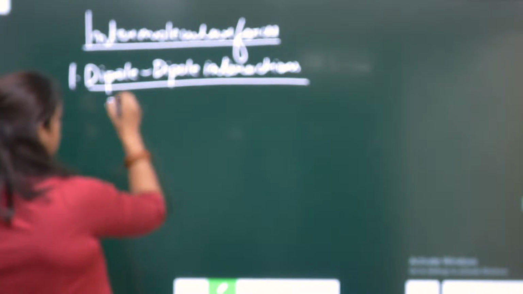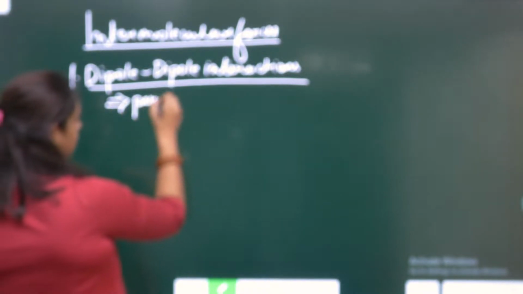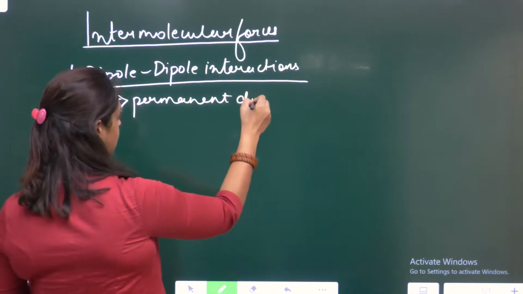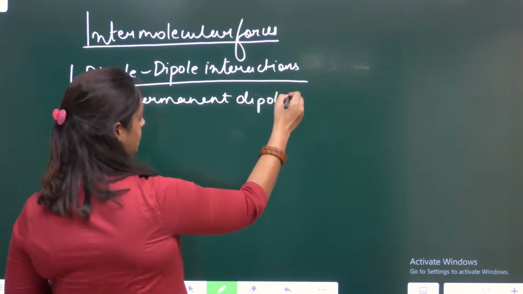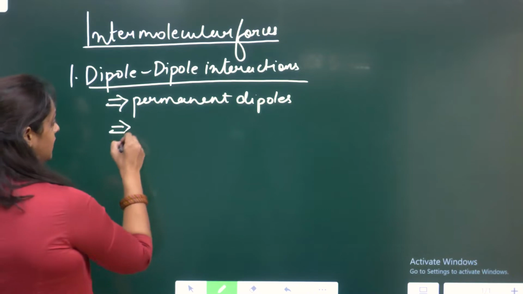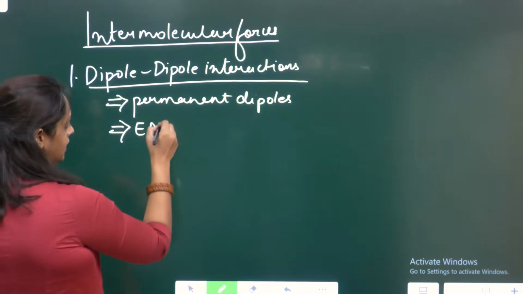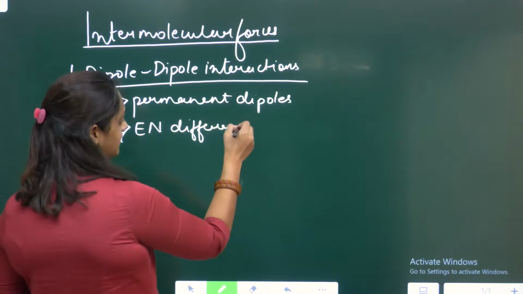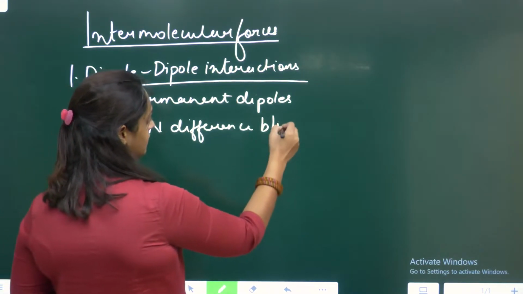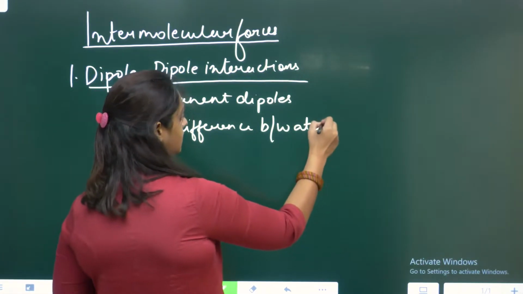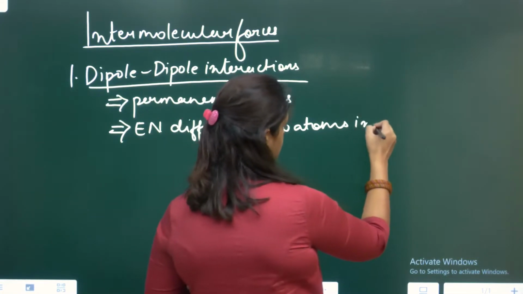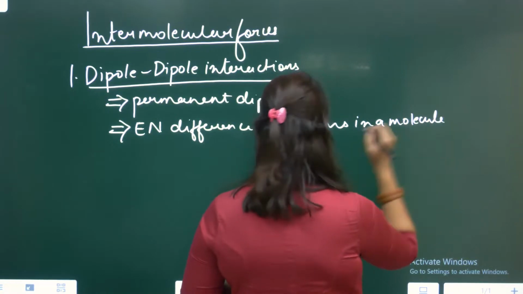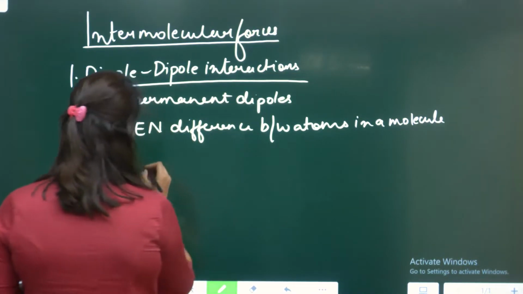That is, a permanent dipole is present in a molecule, and these permanent dipoles are present due to the electronegativity difference between the atoms in a molecule. Right? That is what we understood last class.